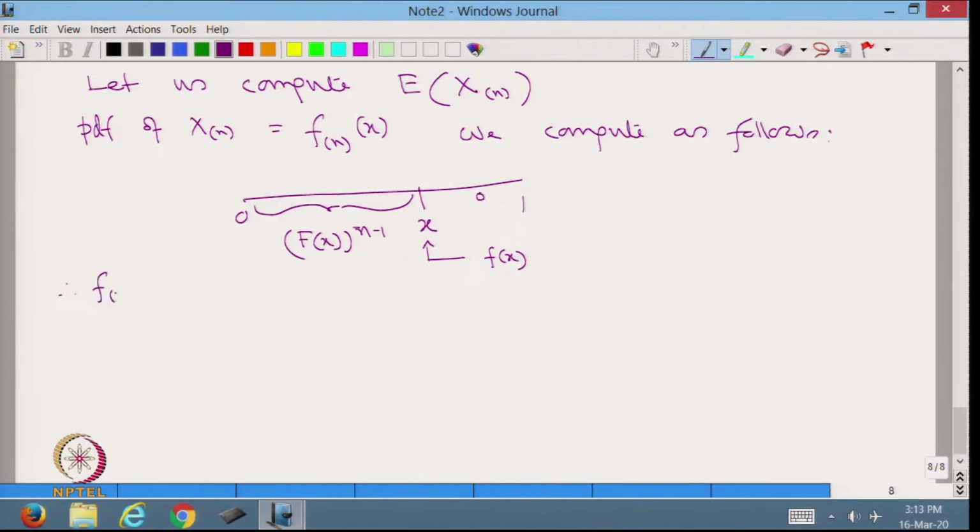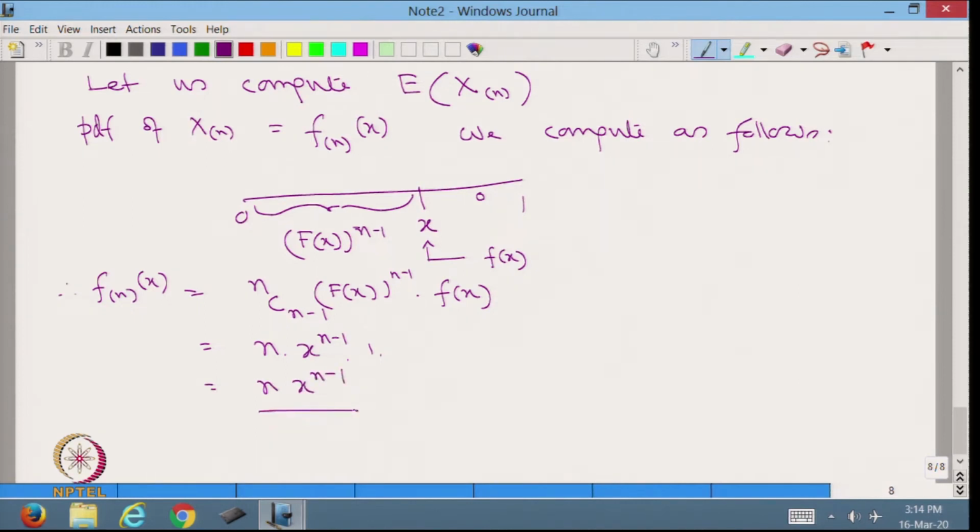Therefore f_n(x) = nC(n-1) F(x)^(n-1) f(x), which is n x^(n-1) times 1, that is, n x^(n-1).